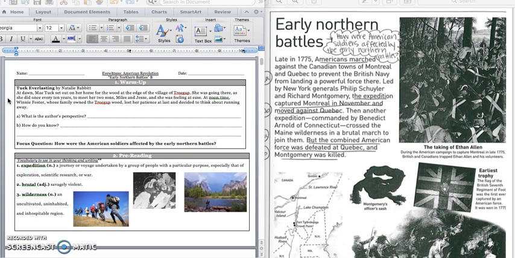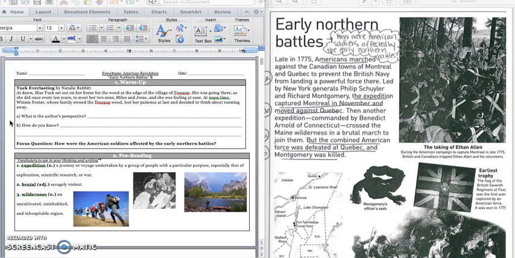She was going there as she did once every 10 years to meet her two sons, Miles and Jesse, and she was feeling at ease. At noontime, Winnie Foster, whose family owned the Tree Gap wood, lost her patience at last and decided to think about running away. Okay, and if we stop right here, we need to think, who is telling the story?